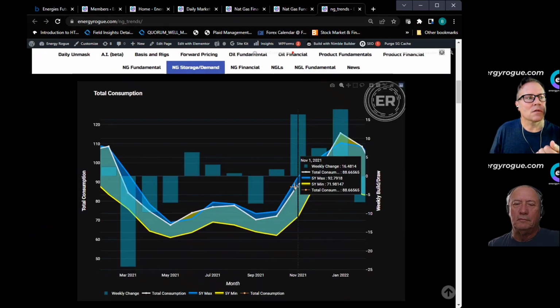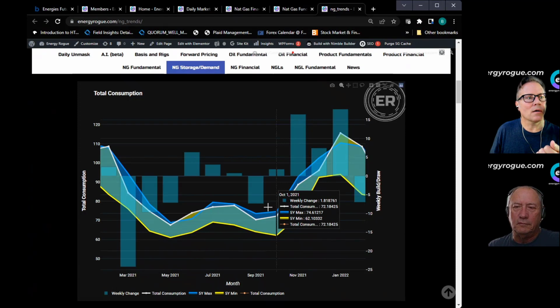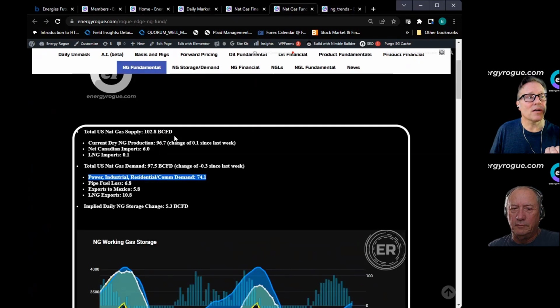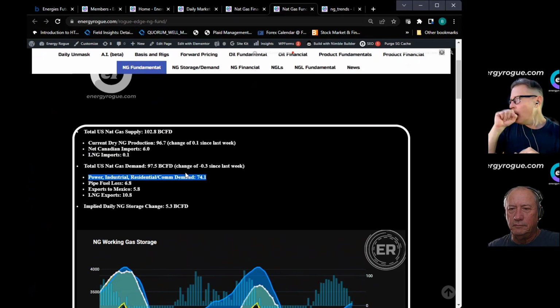And this looks like we are probably going to average maybe 73 BCF a day, which is pretty close to this 74 BCF. So if we do average 73 BCF a day, we are going to be pretty moderate on, and probably hovering around 3 TCF, which is pretty low.